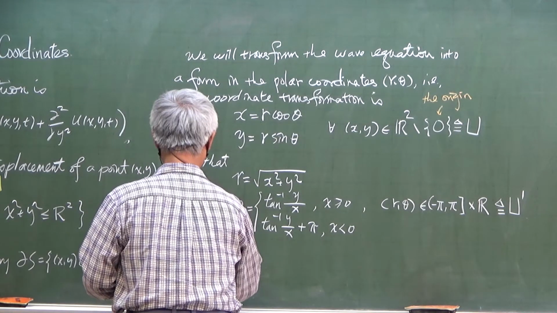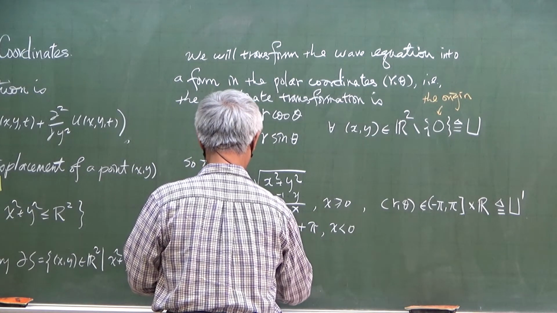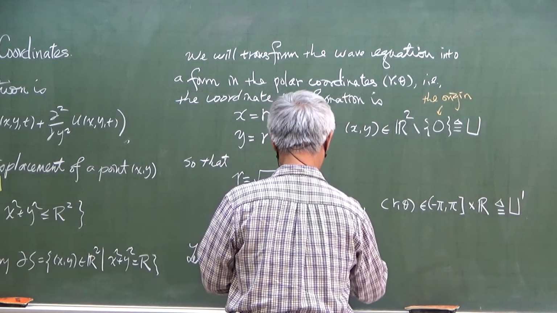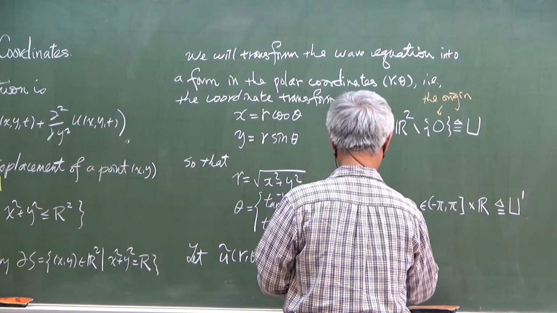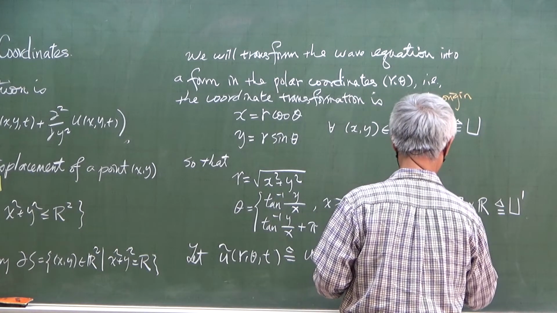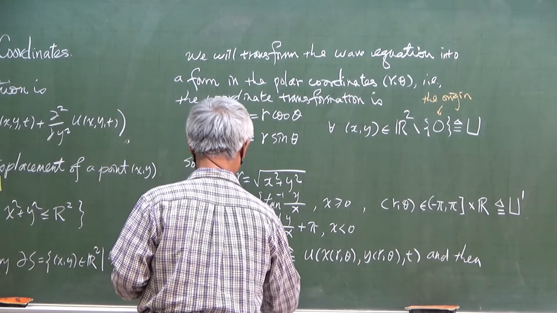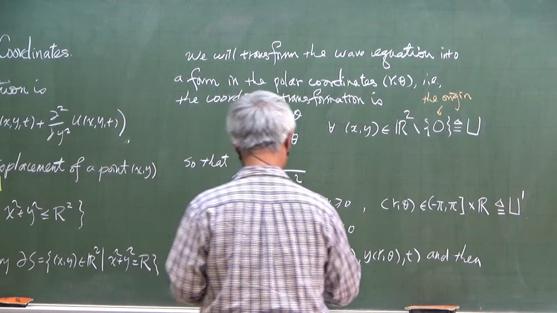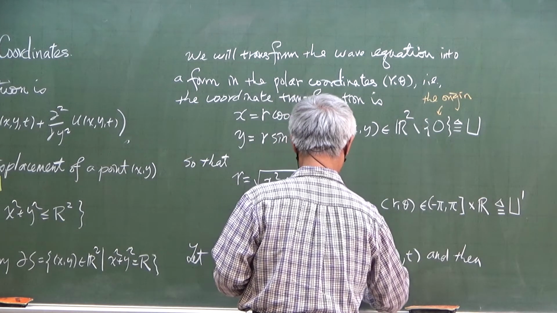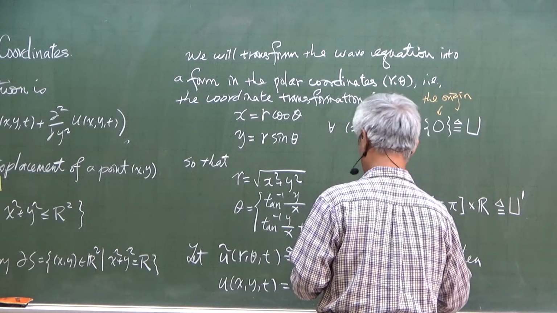Now relate u tilde(r, theta, t) to be u(x(r, theta), y(r, theta), t), and then u(x, y, t) becomes u tilde(r(x, y), theta(x, y), t).